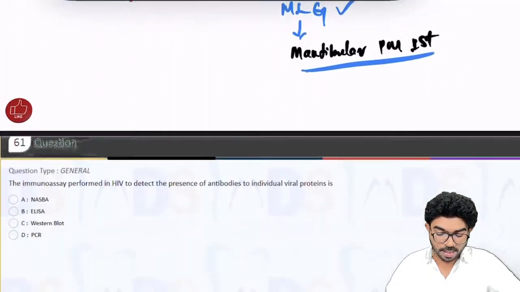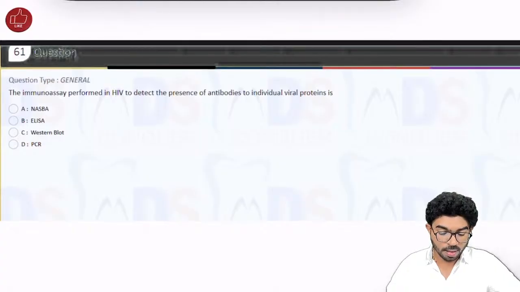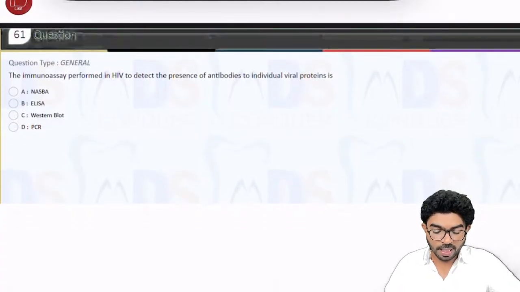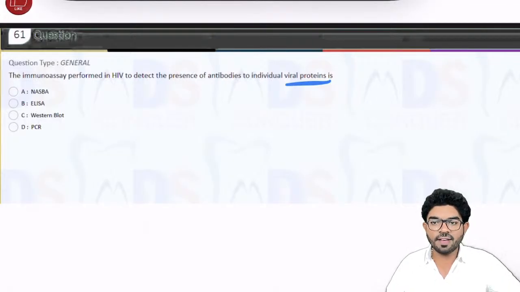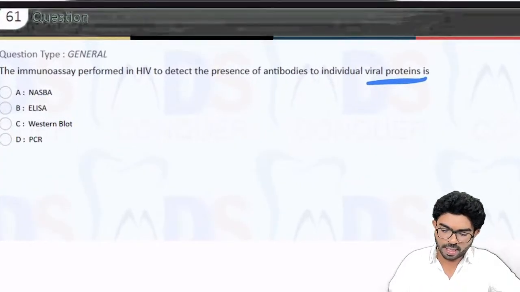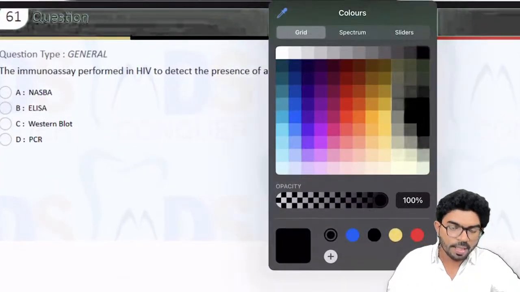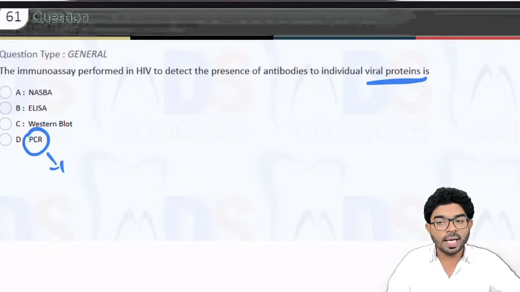The next comes 61. Immunoassay performed in HIV to detect the presence of antibody to identify a viral protein. So the concept is to identify a viral protein. And whenever you are checking the options, like for example, you have PCR here. PCR is not identifying the protein, it is identifying the nucleic acid.